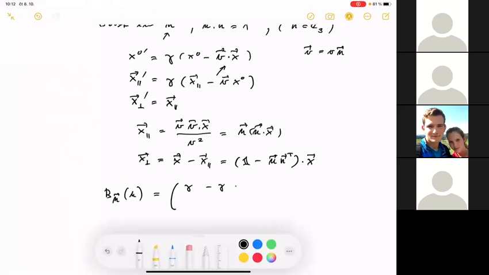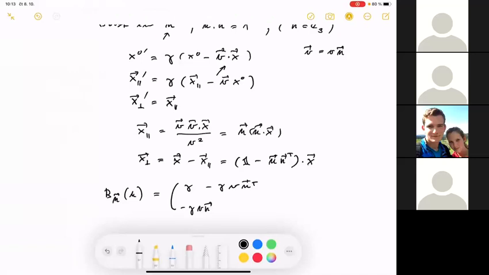We should get here this projection, so we should write here v times n. And if we would like to write it in matrix form, and if we suppose that n is a column vector, this should be a row, so there should be a transpose. For the 3 times 1 column, we get here minus gamma v times n.